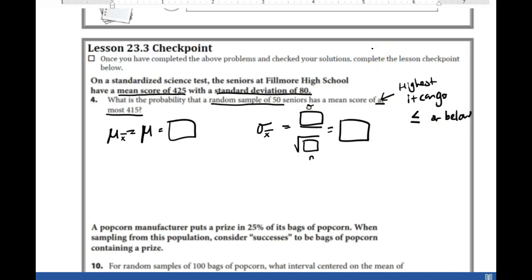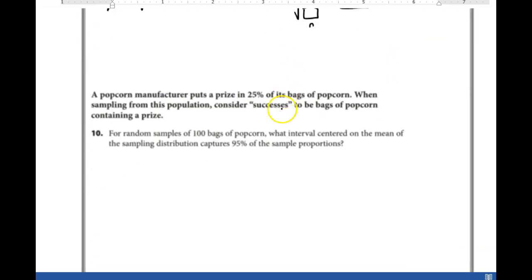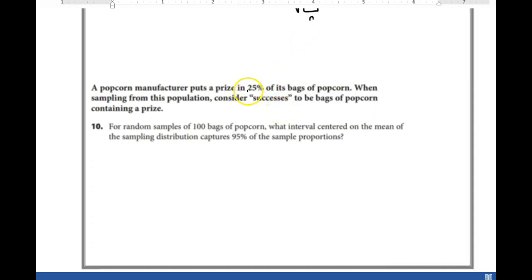All right, for number 10, they're going to give us our p-value of percent of success, and they're going to give us our sample. Okay, and they're also going to ask us as well as what our percent would be, 95%.